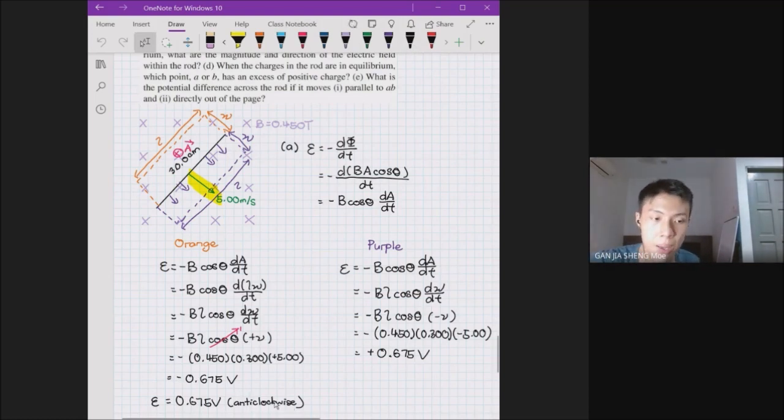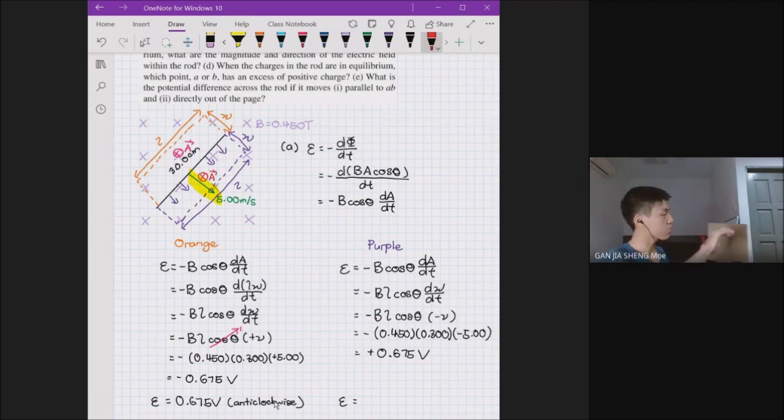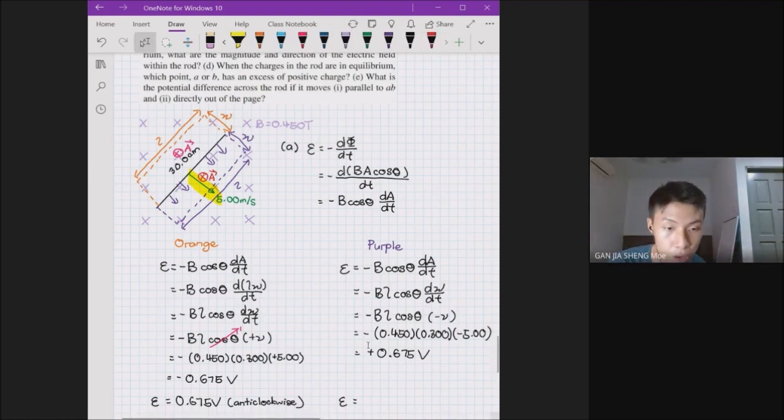Okay? But if you move on to the purple loop here, it's a positive answer. And you still pick your area vector to be pointing into the page. So now your fingers are curling around clockwise and your answer is positive.